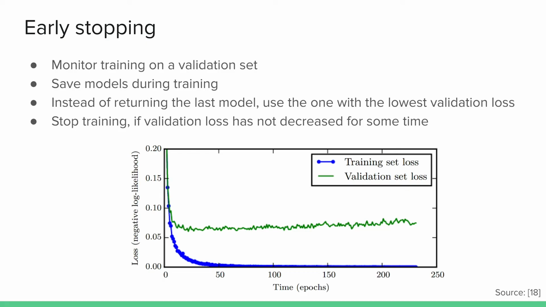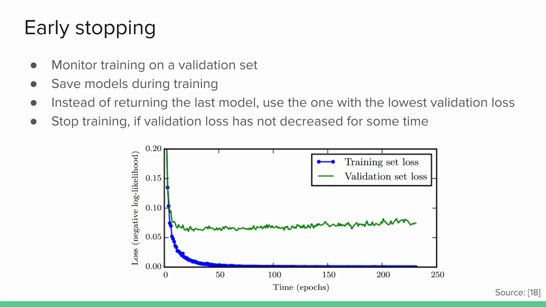One of the most important regularization mechanisms that I highly recommend every one of you to use is early stopping. How it works is that you monitor your training on the validation set. You should do this anyway, by saying, after each epoch, compute some statistics, some loss, maybe some precision or any meaningful value on your validation set.